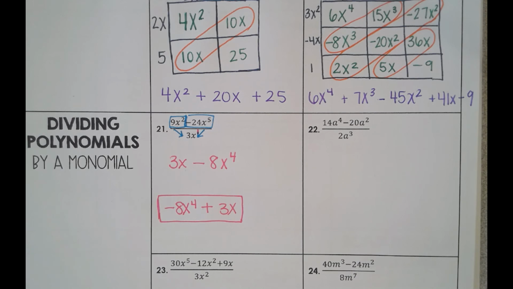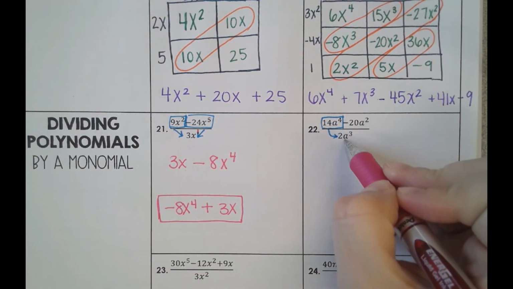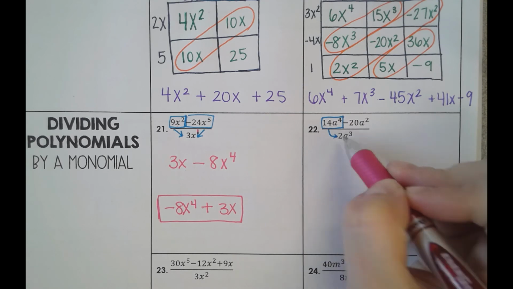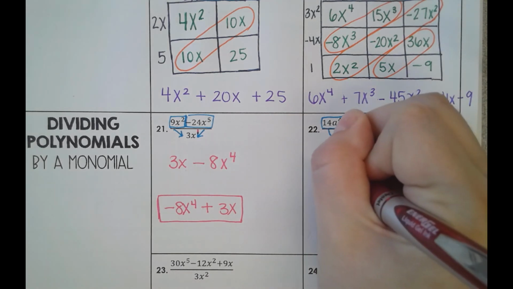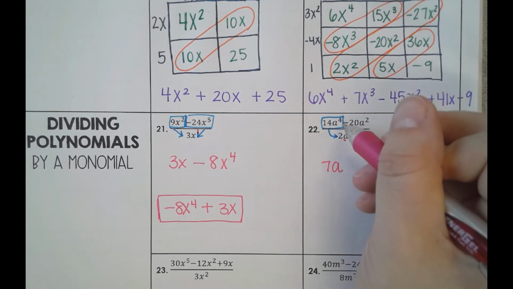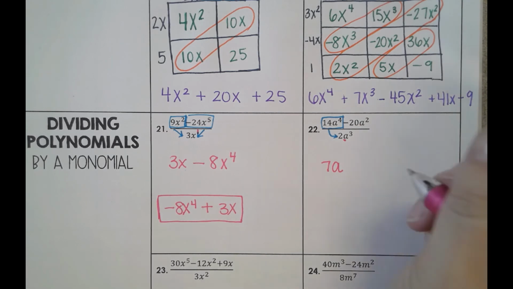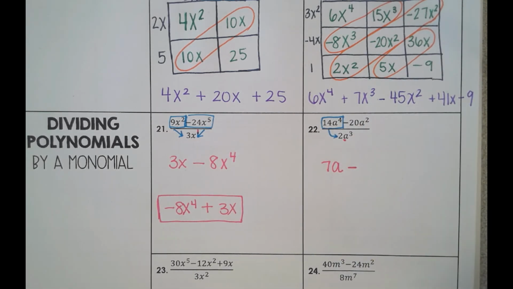Number 22. So let's divide the 14a to the 4th, divided by 2a cubed. 14 divided by 2 is 7. A to the 4 minus 3 is 1. So 7a. You don't have to put a 1 exponent. Minus. Then we've got this.